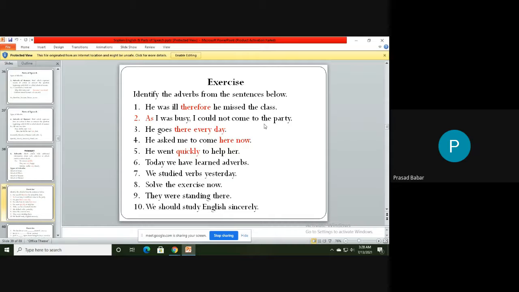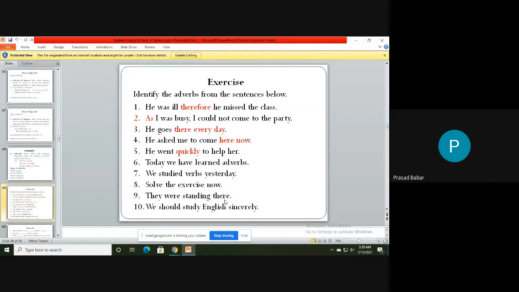They were standing there. In this example, what would be the adverb? There. And which is the type of that adverb?